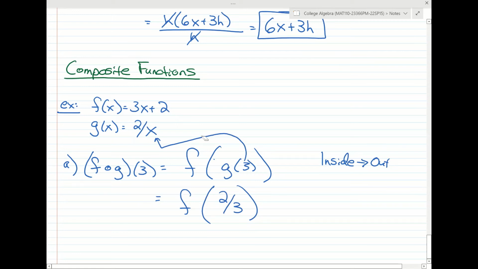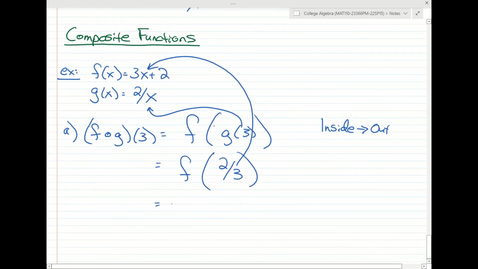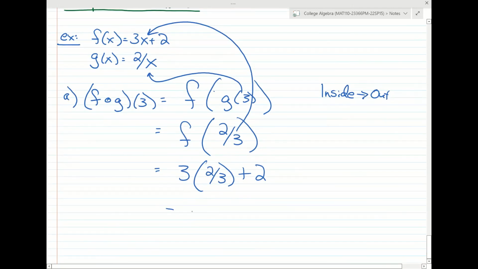Next step is we put 2 over 3 into f of x. That's all just notation. What this means is you put 2/3 in for the x. So instead of 3x plus 2, it's 3 times 2/3, which equals 2. 2 plus 2, of course, is 4. That's what the answer would be.